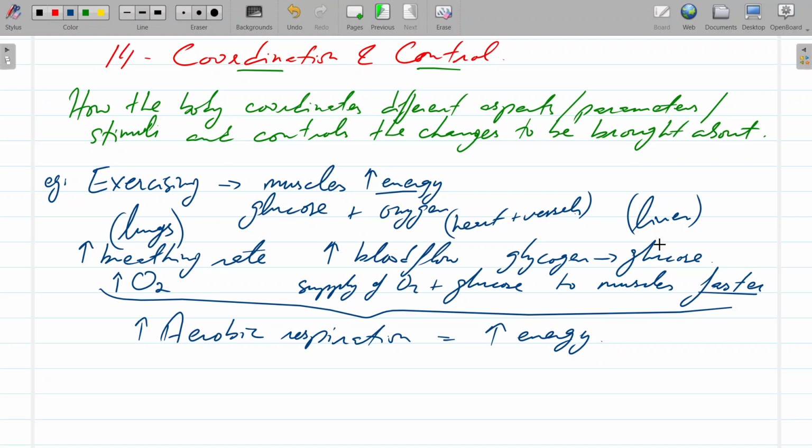You can see that the different organs and different responses need to be coordinated to meet the requirement of the situation, and it needs to be controlled. How much should the breathing rate go up? How much should the blood flow go up? Do we need to convert all the glycogen to glucose immediately, so the blood glucose level goes up? Do we need to convert all of it, or some of it? So that control is also there.